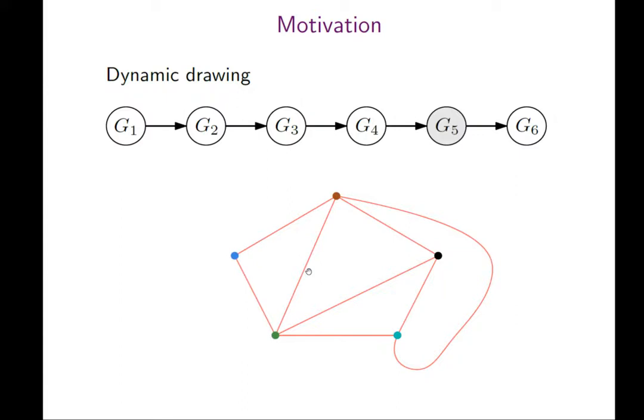And then you want to know, oh, can I actually do it or can I not do it? Do I have to maybe delete vertices and redraw them? Or can I just insert stuff in a nice way? I think the dynamic graph drawing problem is a very natural problem if you're interested in drawing graphs and data structures, and this is the first thing to come up. And our problem comes up as a partial problem of this. Okay.